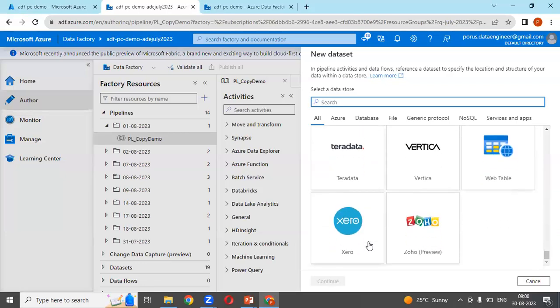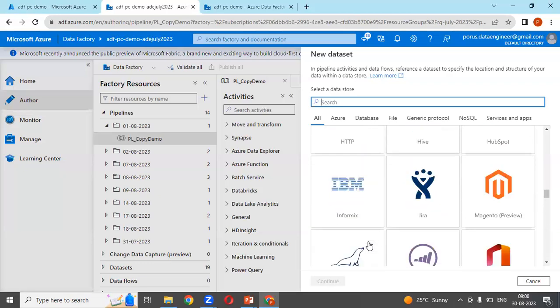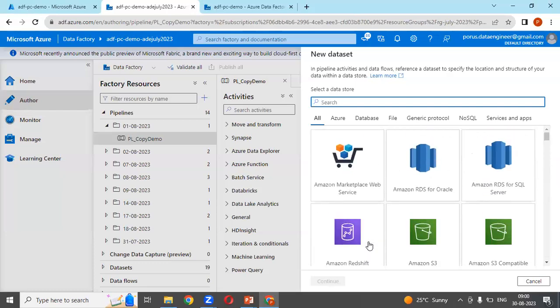Some of the technologies, honestly, I haven't even heard of. But these are all the various technologies or tools through which Data Factory can connect and extract the data. That is the reason Data Factory is one of the most powerful data integration tools in the data engineering domain.